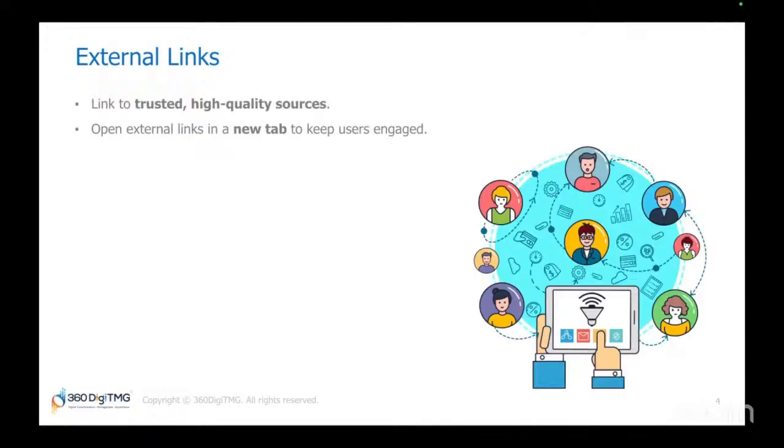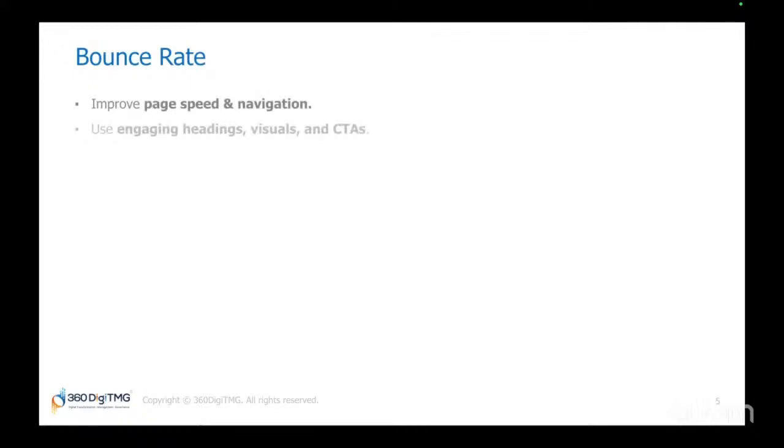Here we need to consider a few parameters: DA, domain authority, and also PA, page authority, should be high. For those pages we need to connect our external links. This is what we have discussed in yesterday's session.